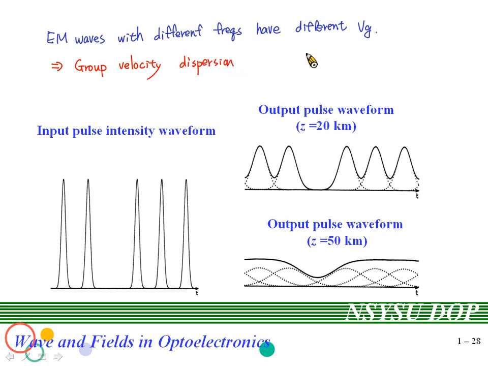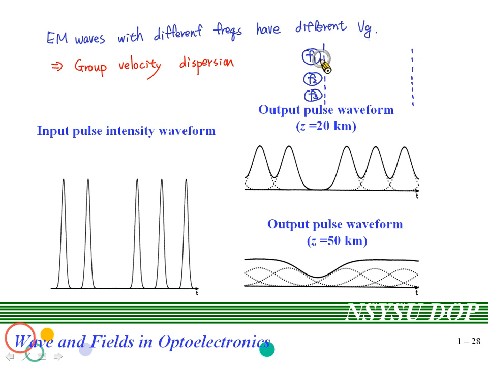For example, we may have signals of F1, F2, and F3. They all start at the same point, and we want them to propagate to a fixed distance to the final point here.